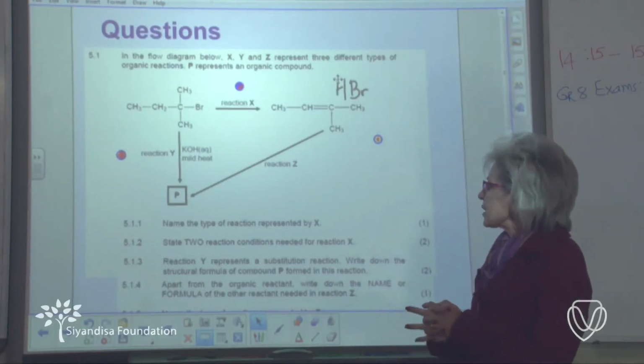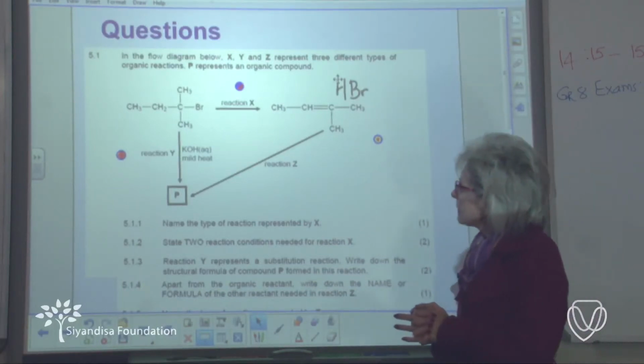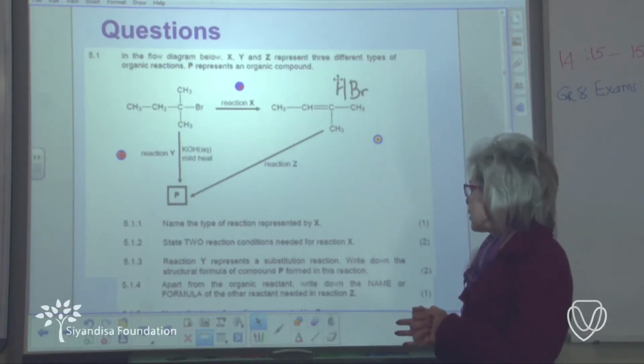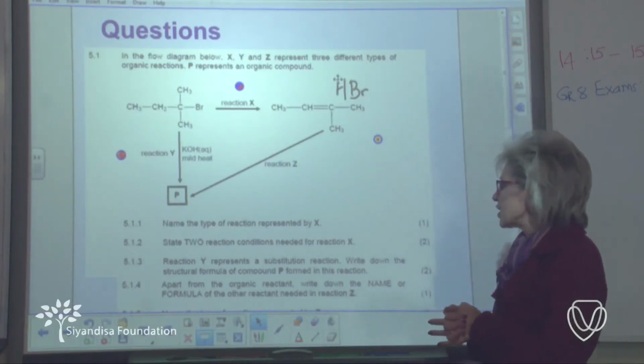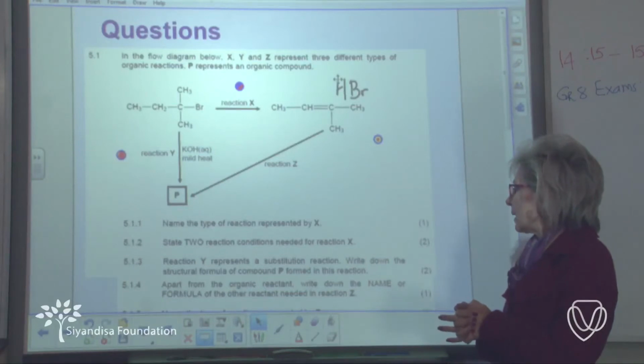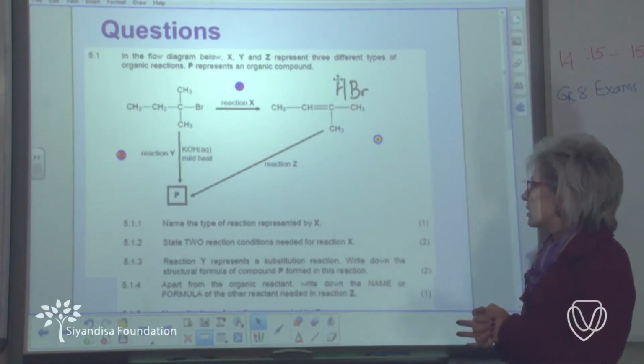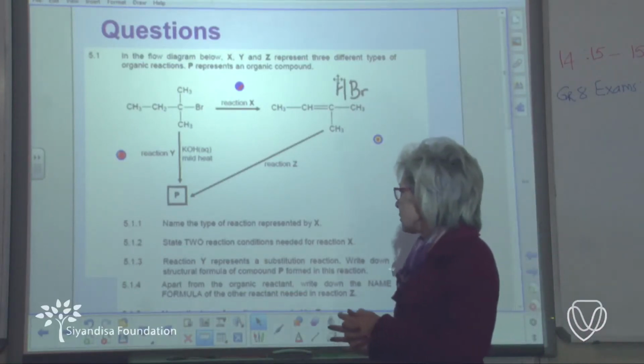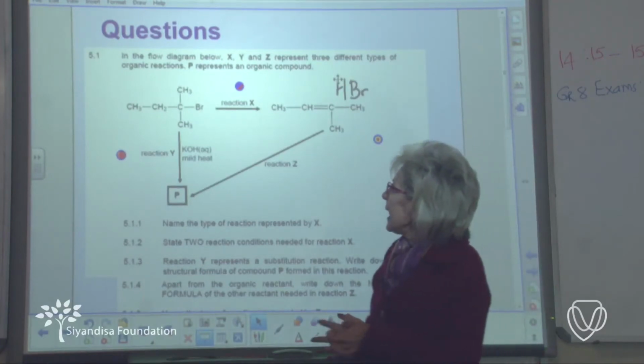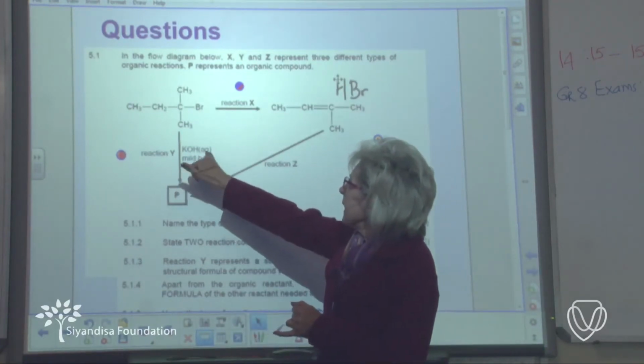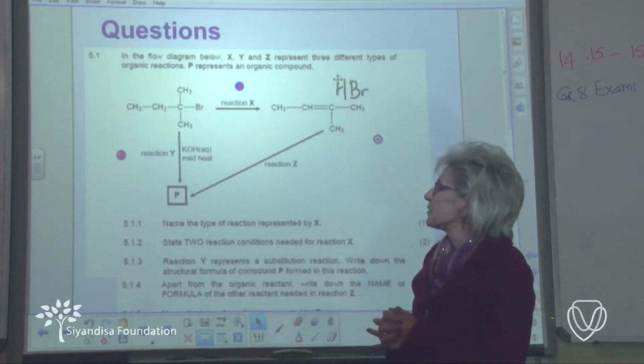Question 3, reaction Y represents a substitution reaction. Write down the structural formula of compound P formed in this reaction. So in reaction Y, we are substituting, with KOH and mild heat. And this is what I've just said.